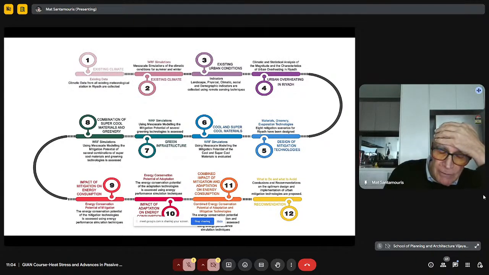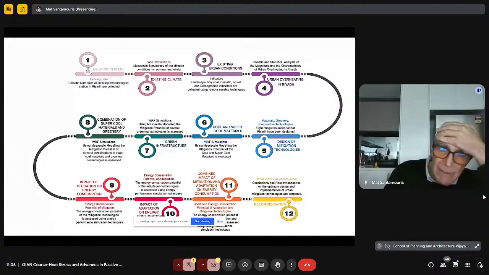In order to be prepared for the evaluation of the existing situation and also of the future conditions using heat mitigation technologies, we have to use some simulation. One of the best simulation techniques to evaluate the impact of heat mitigation technologies and understand at the same time what's happening in the city is the use of mesoscale climatic models.